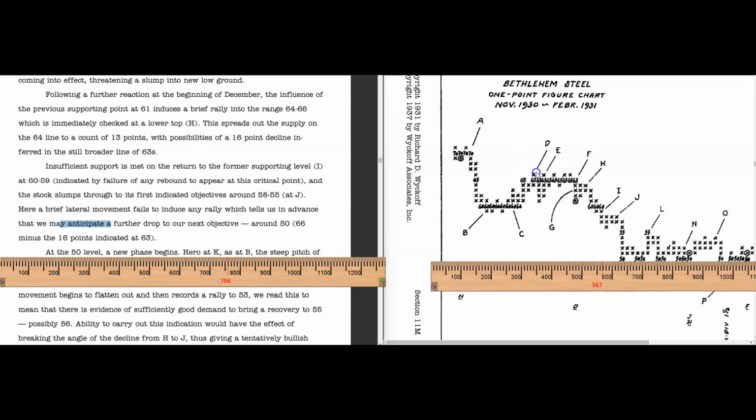Okay. So he basically used 3 counts and conservatively measured them, and when it went to that level, tried to identify if there was a bounce or not. And if there's no bounce, he's looking at the next target. That's all. So he used the top 3 resistance lines.